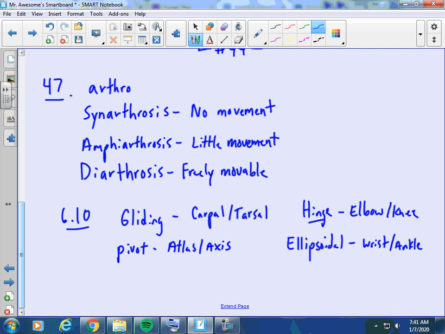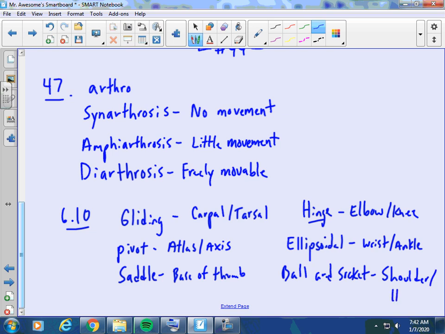We have saddle joints. Kind of looks like a picture of a person sitting in the saddle on a horse. One example of this is at the base of the thumb. And we have ball and socket. This is going to be your shoulder, your hip. So that goes with 610 on your checkpoints.